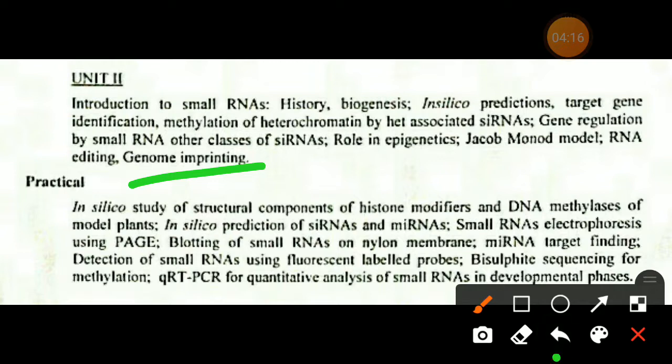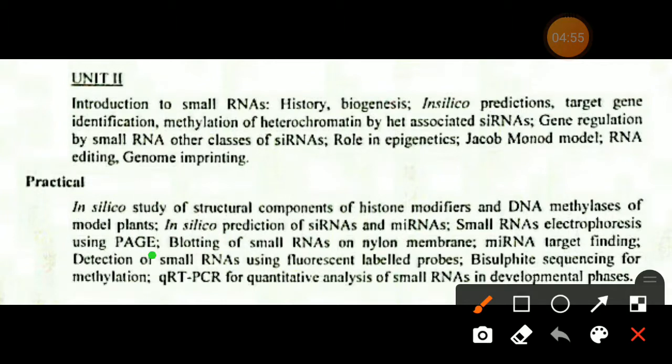Then in case of practical exercises: in silico study of structural components of histone modifications and DNA methylases of model plants. In silico prediction of RNAs and mRNAs, small RNA electrophoresis using PAGE.